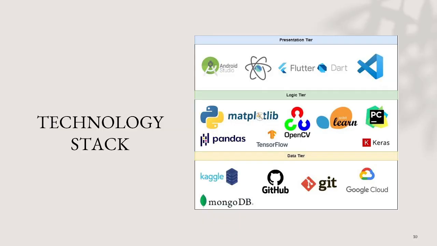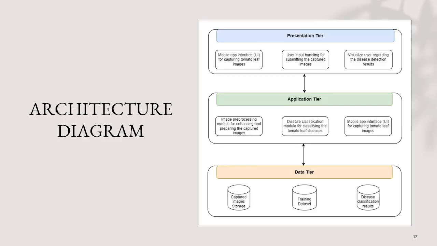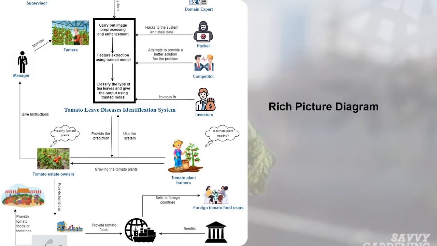These are the technologies I have used: Android Studio, Flutter, Dart, and pandas, and all of the things I have mentioned here. This is the architecture diagram of my project, and this is the architecture of this application, and this is the rich picture diagram of my application.